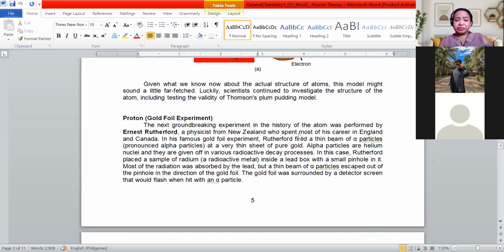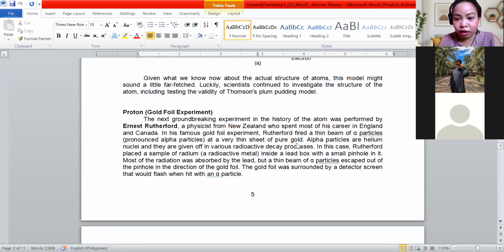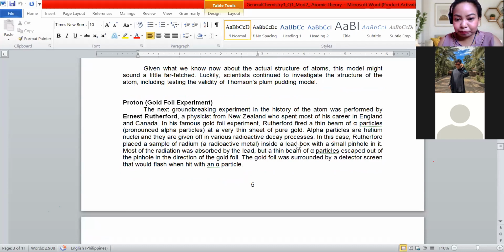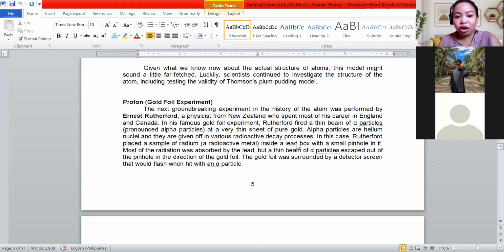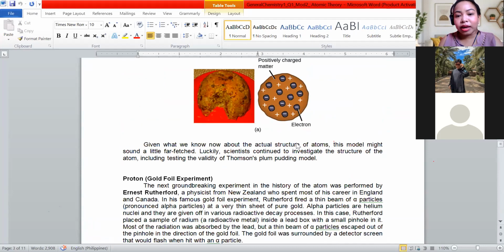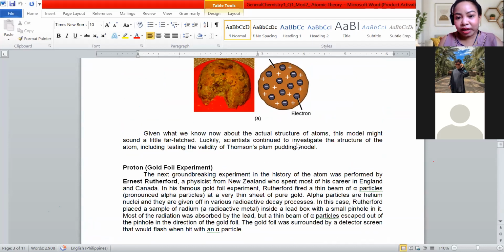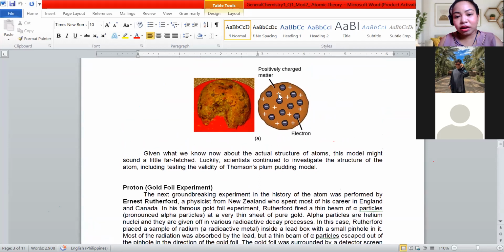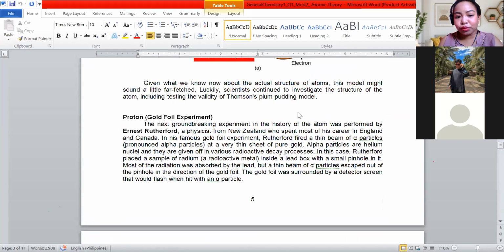So, Ernest Rutherford gave the task to his student, Ernest, to recreate or to make an experiment proving Thomson's model to be true.